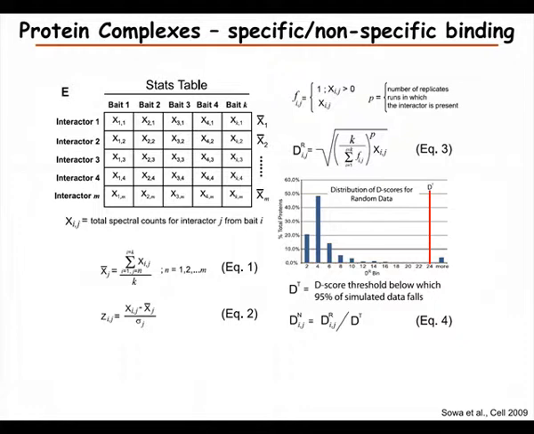This is also based on spectrum counts, as we discussed before. One way to quantify is to count the number of spectra that we can use to identify peptides that belong to a protein.